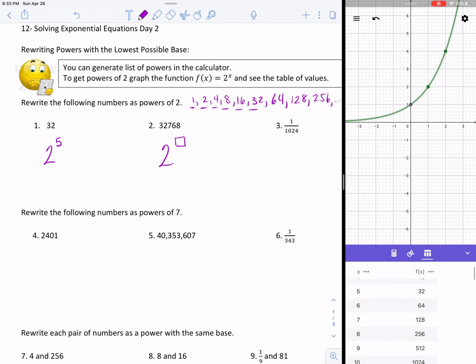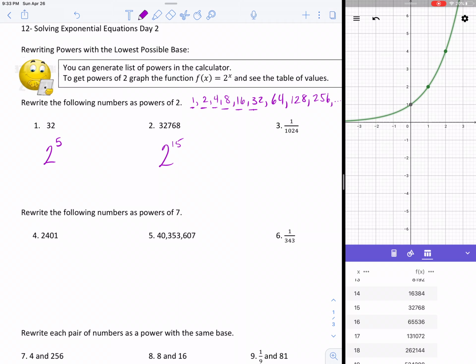So let's scroll down this list and see when we're going to have a power of 2 that's equal to 32,768. Right here, 32,768 is when the input is 15. So that means 2 to the 15th power is equal to 32,768. So we could rewrite that number as a power of 2.